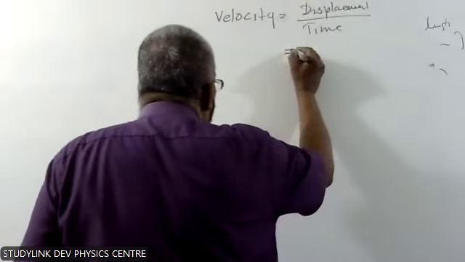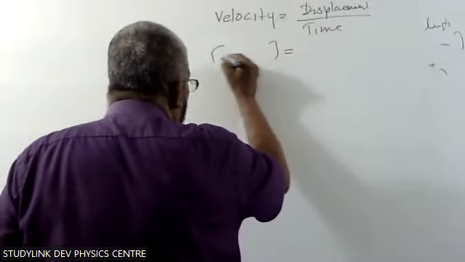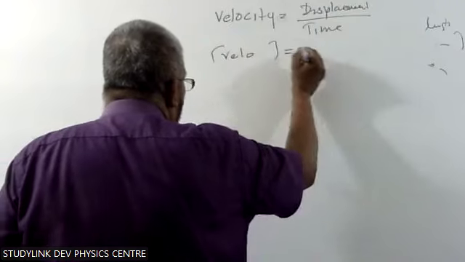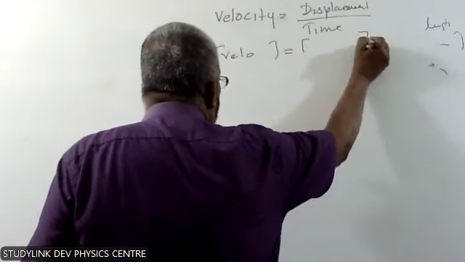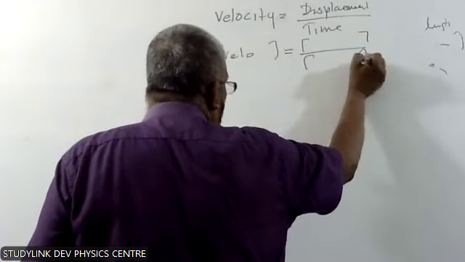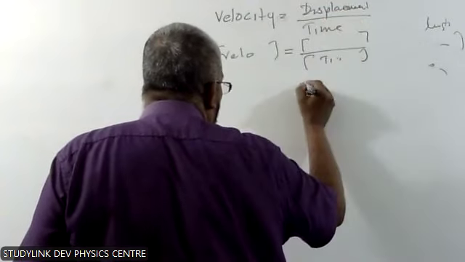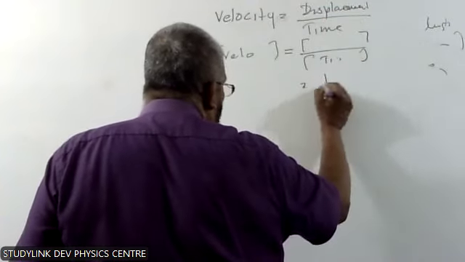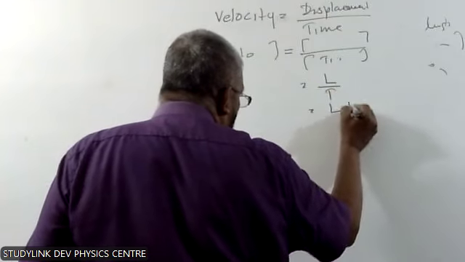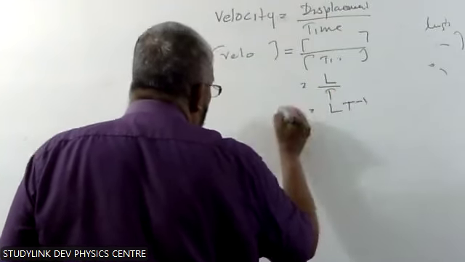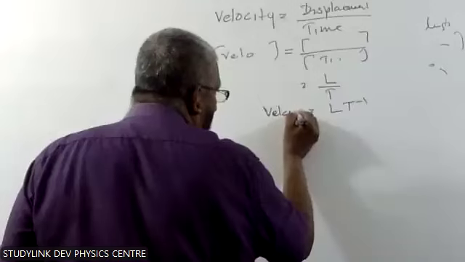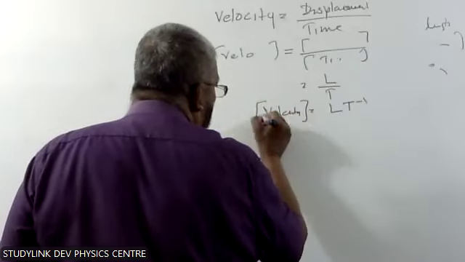So for the velocity dimension, you write dimensions of displacement and dimensions of time. Write those two words. Displacement is L, time is T, then again LT minus 1. So the velocity dimension is this.